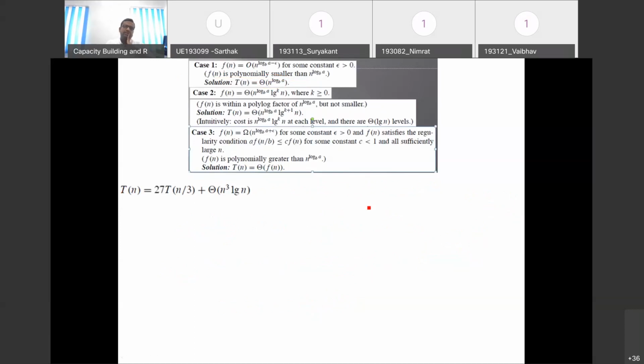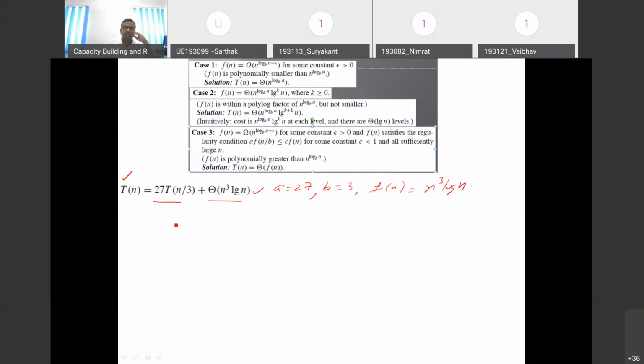The next question is that we need to solve the recurrence relation t of n is equal to 27 t of n upon 3 plus theta of n cube log n using the master theorem. So a is equal to 27, b is equal to 3, and f of n is equal to n cube log of n.